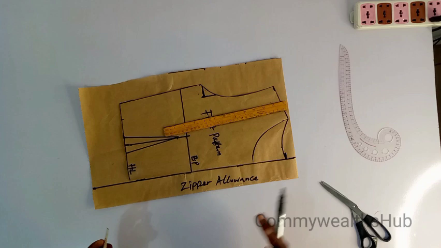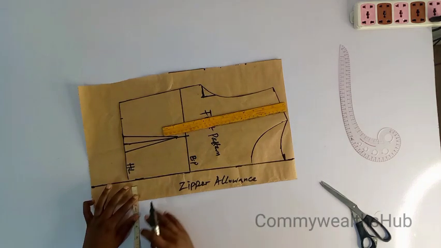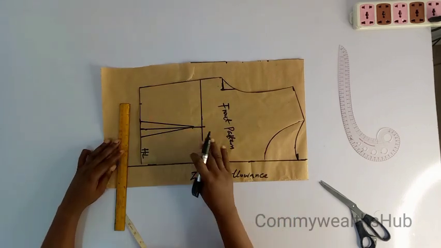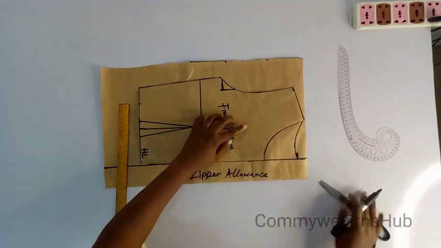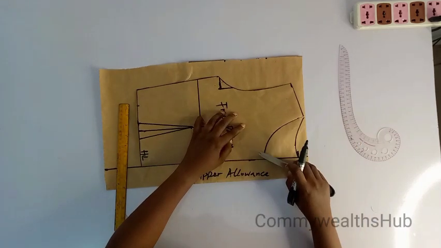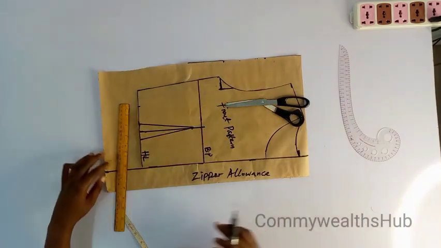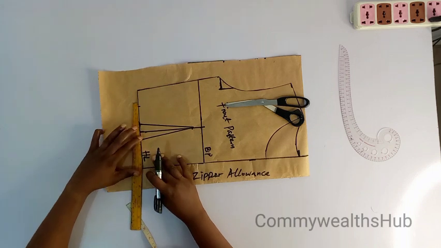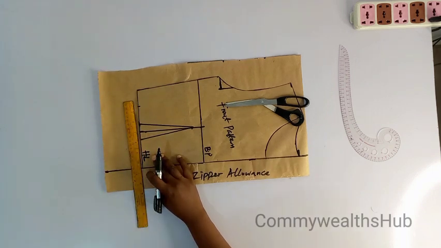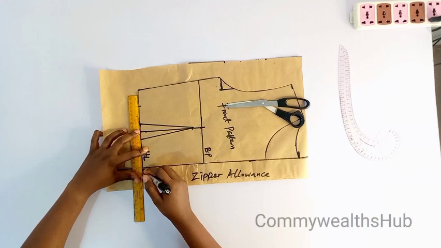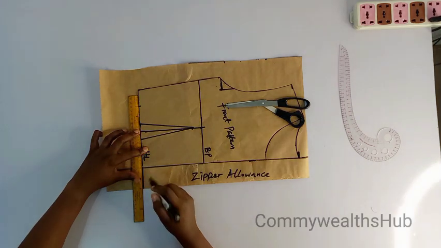Now this is what you have to do. From your zipper allowance at this end point, the point where your half length is, just go ahead and blend the line together so that you can have a straight line blending outwardly first of all.